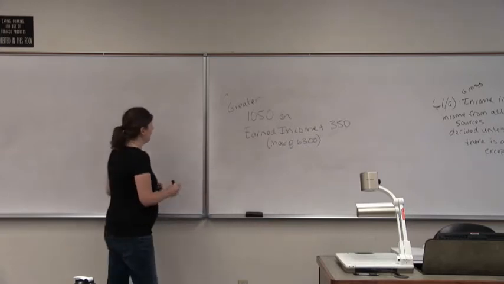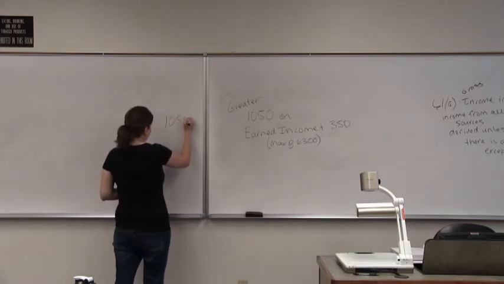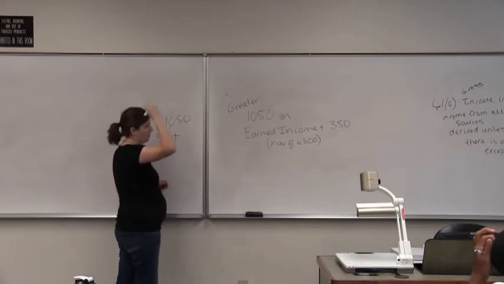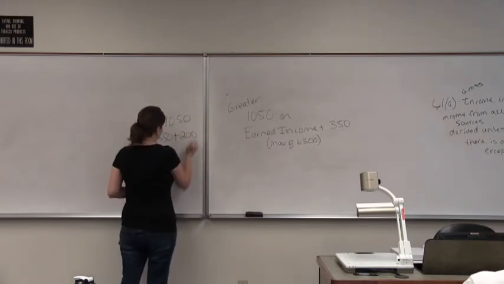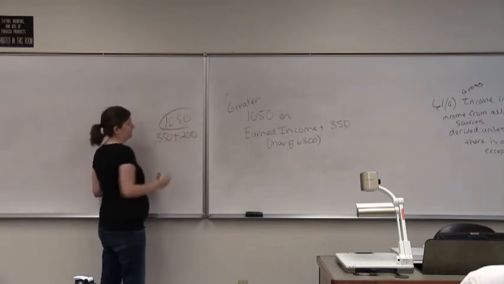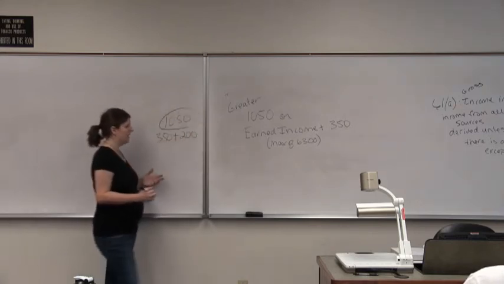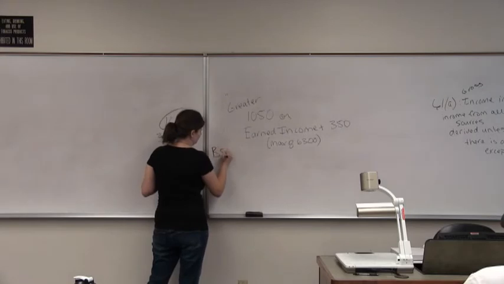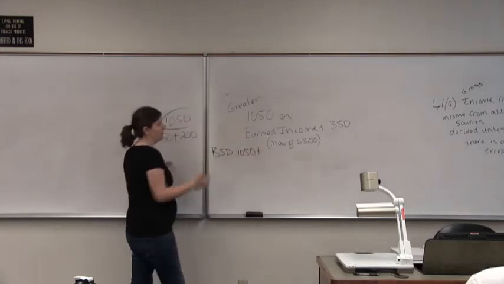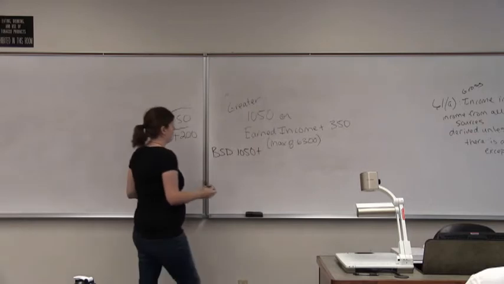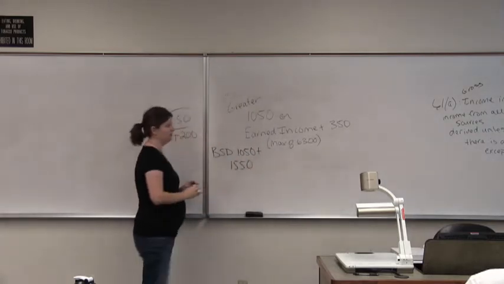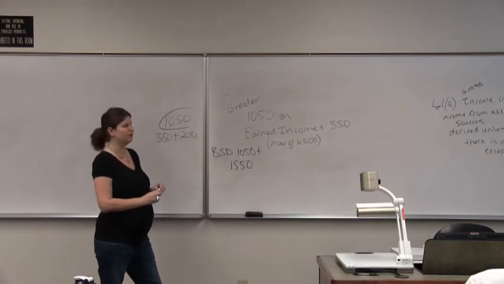It's going to be the greater of $1,050 or $350 plus their earned income, which is $200. So the greater of these is obviously going to be $1,050, right? So this child is going to have a basic standard deduction of $1,050 plus this child is also blind, so they are going to get $1,550 as an additional standard deduction to use on their own return.